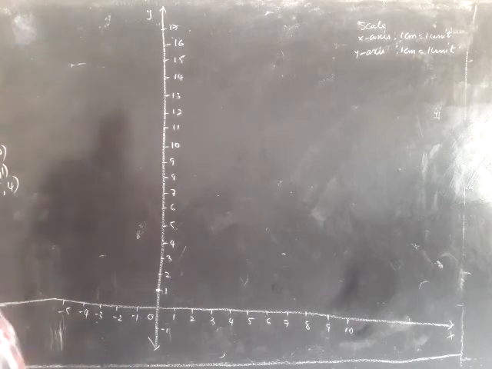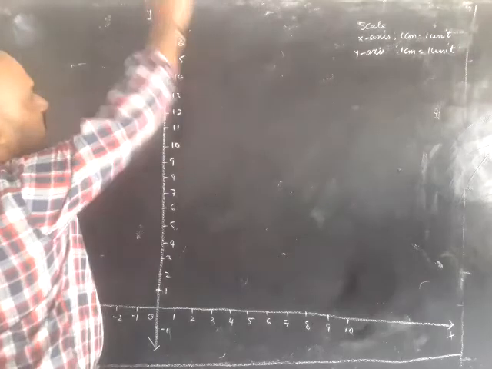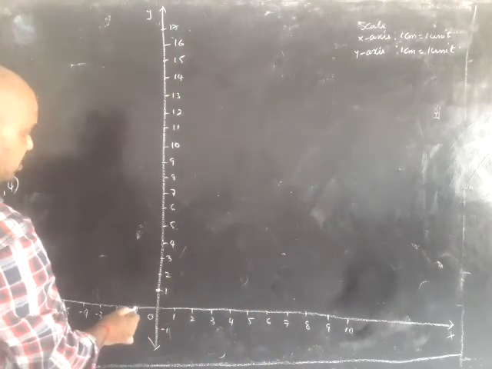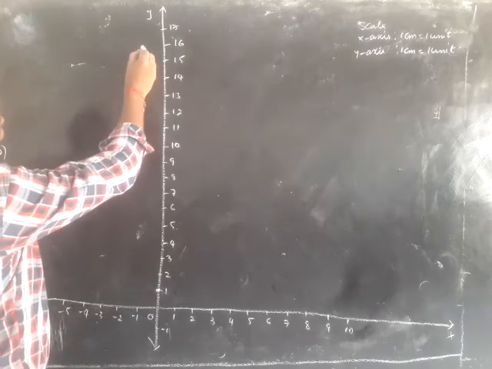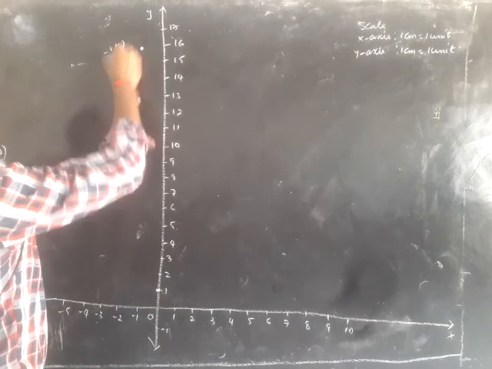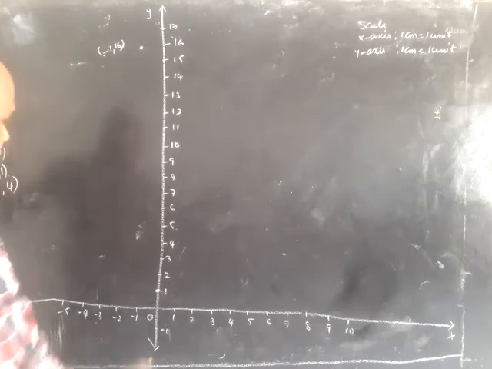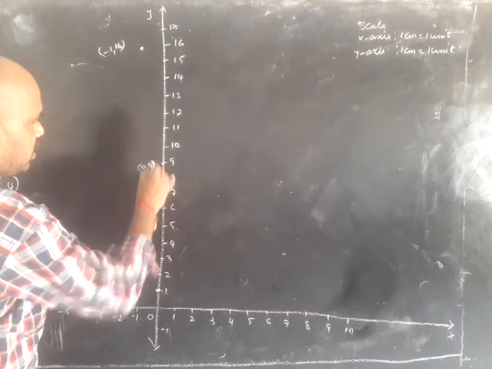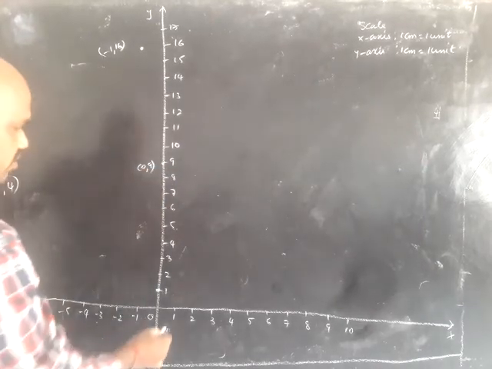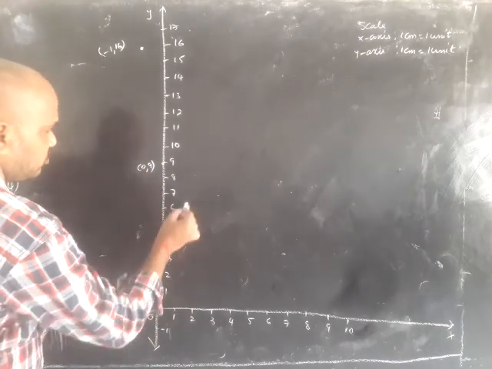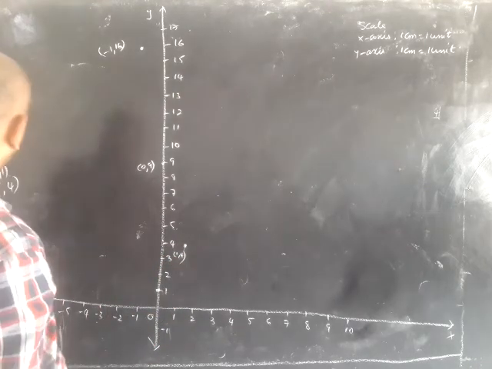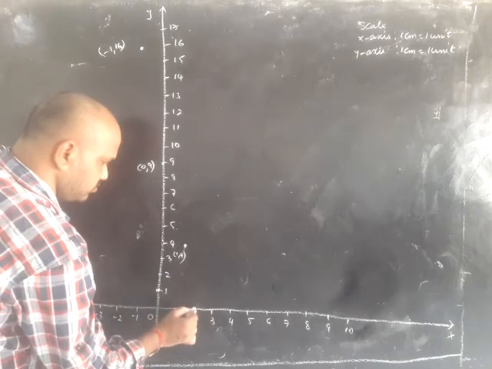See a neat graph. So let us plot. What is the first point? Minus 2 comma 25 will be somewhere actually. Minus 1 comma 16. So minus 1 is here, 16 is here. Next 0 comma 9, 0, 9 is here. Next 1 comma 4, 1 is here, 4 is here.